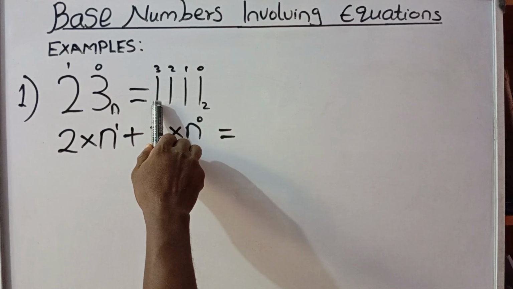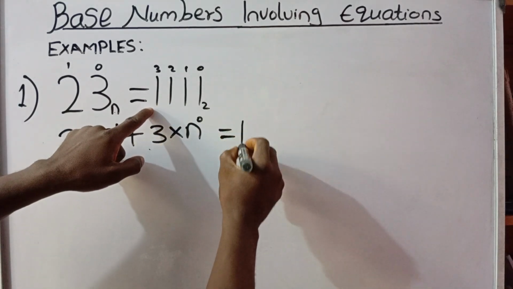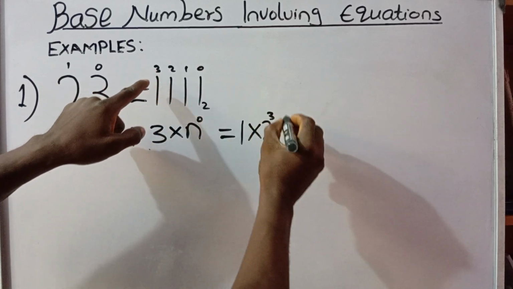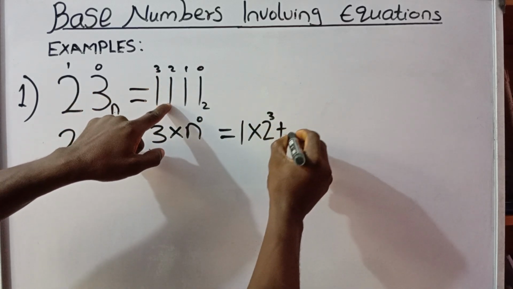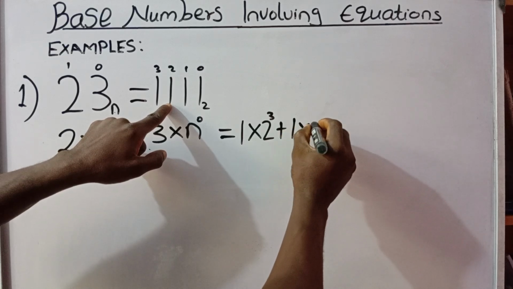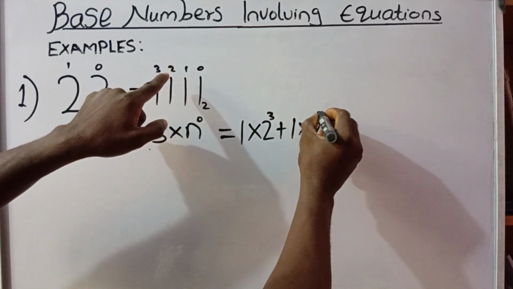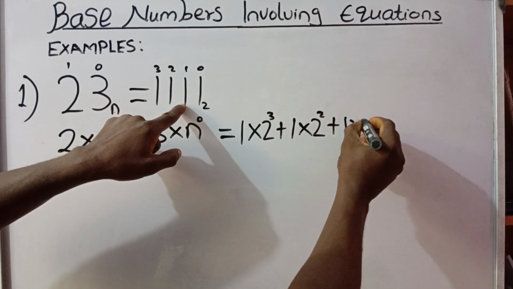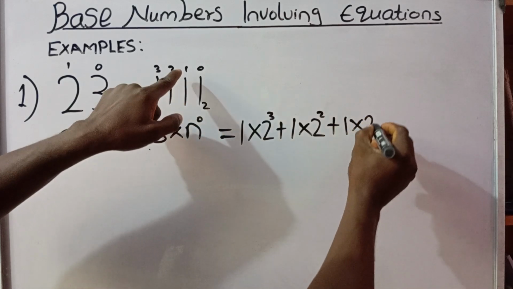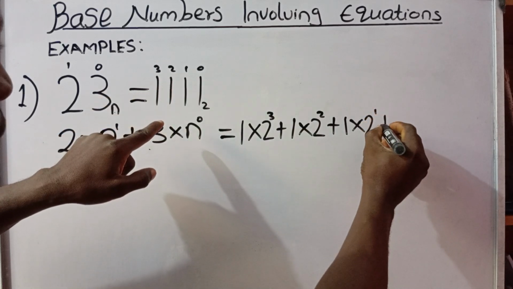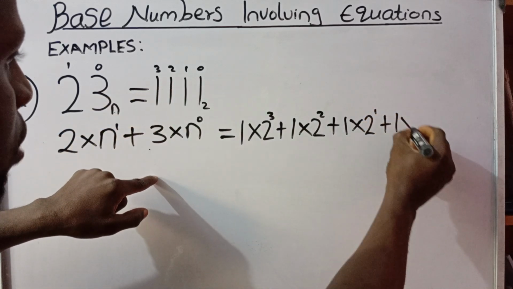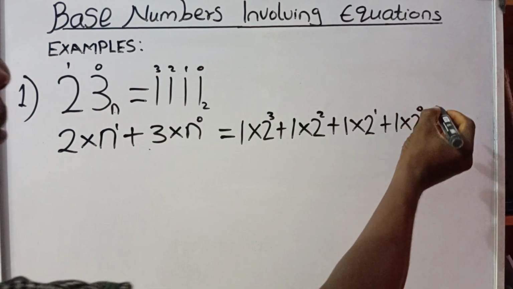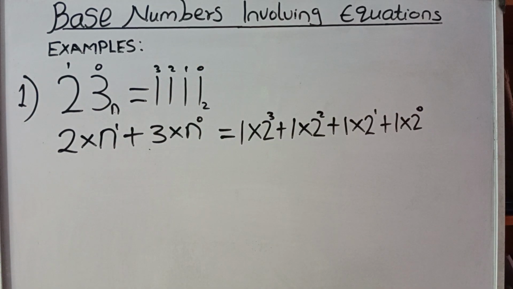To convert this one, we start from the first digit: 1 multiplied by the base raised to power 3, plus 1 multiplied by the base raised to power 2, plus 1 multiplied by the base raised to power 1, plus 1 multiplied by the base raised to power 0. All right, so this is the arrangement.